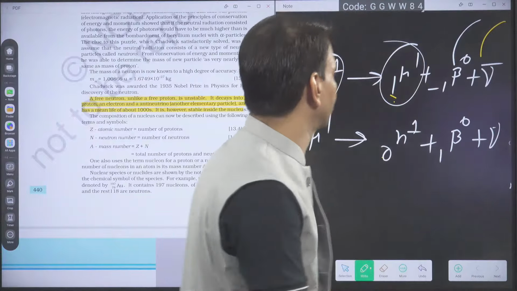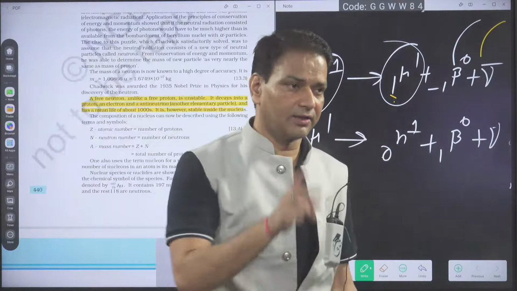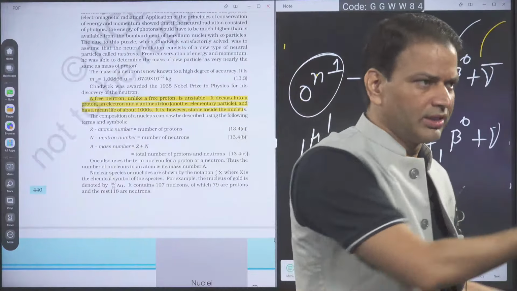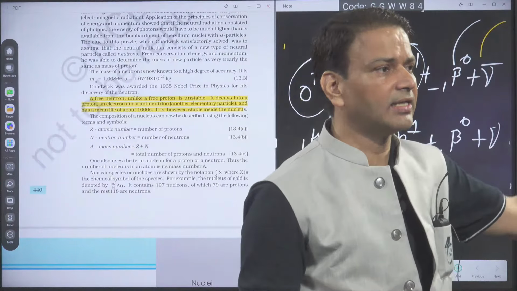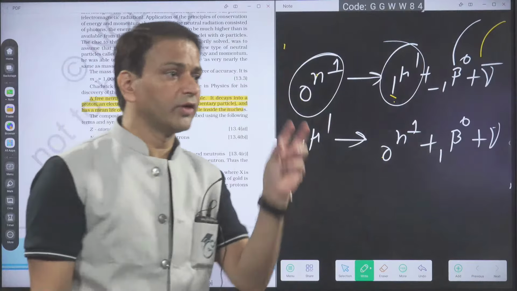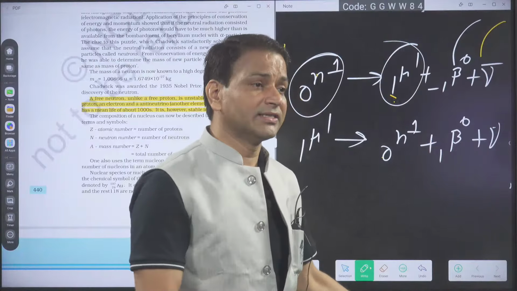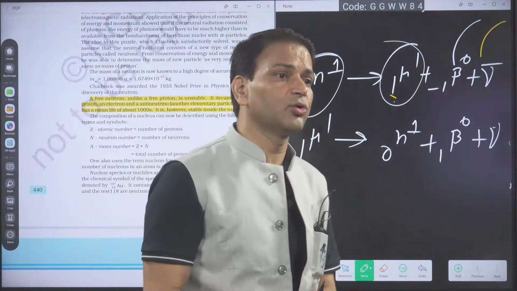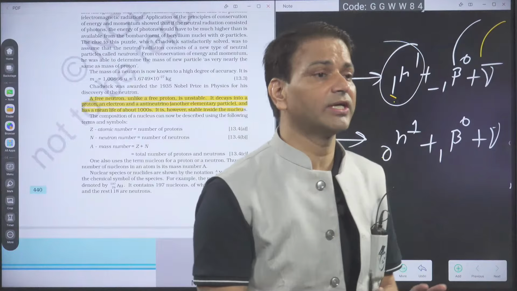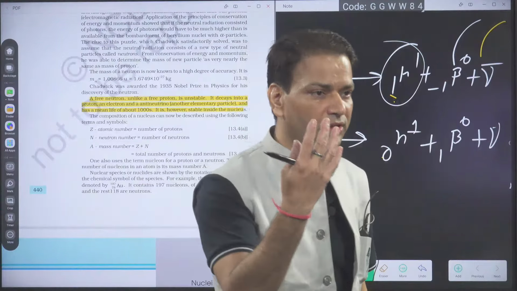A free proton will never disintegrate. One thing, in JEE Main also they ask this question, and I will show the line given in NCERT also. Free proton never disintegrates; a proton will only disintegrate inside the nucleus. A free neutron is very unstable. Inside the nucleus it is stable, but it can disintegrate also. So inside the nucleus both are stable, but both can disintegrate according to the need.